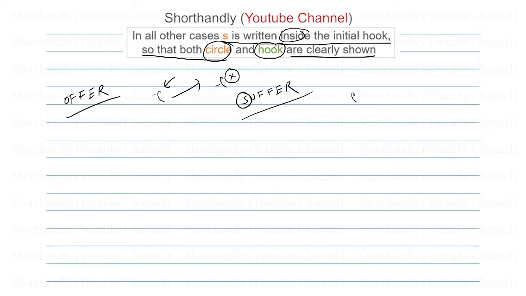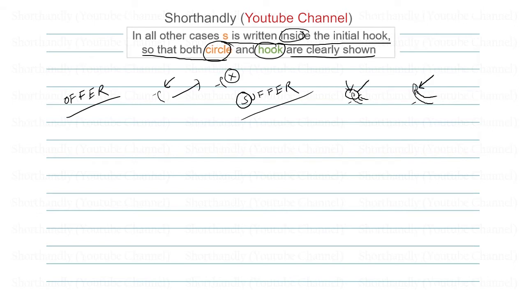So we can do like this. Now if you see this part carefully, we can see the circle and the hook also. So let's make this bigger so that you can understand this properly. Now you can see that we can easily identify this circle and we can also easily identify this hook.